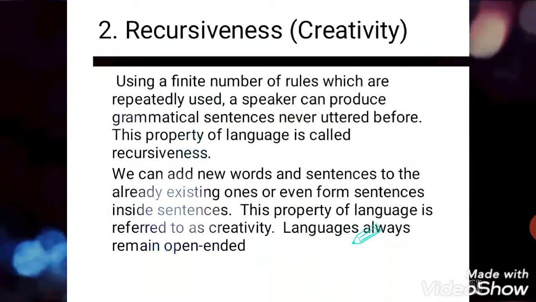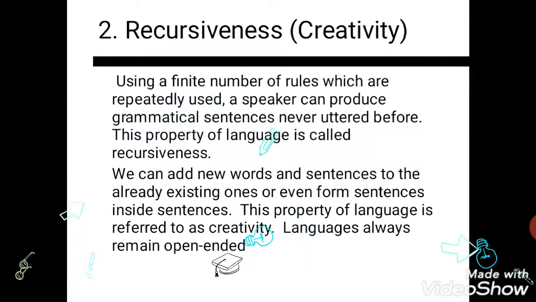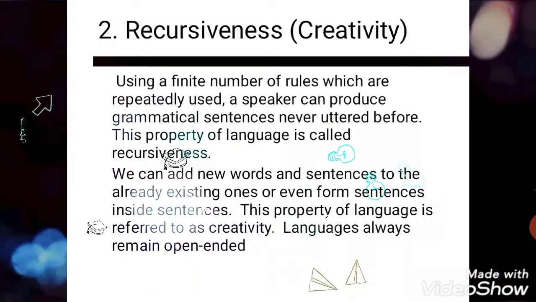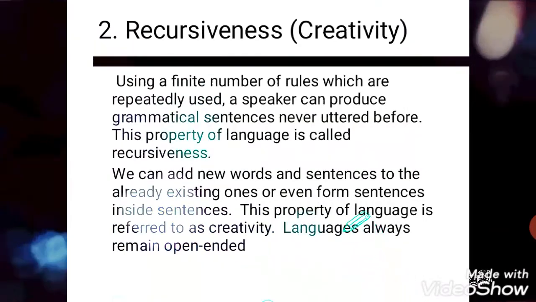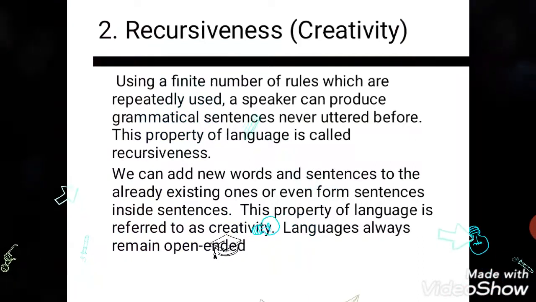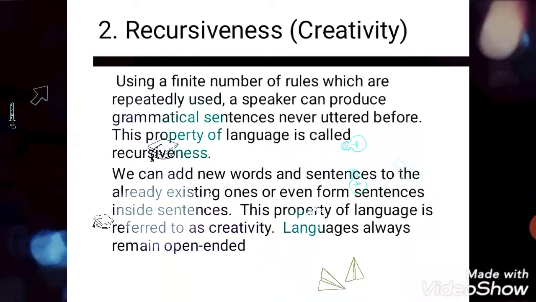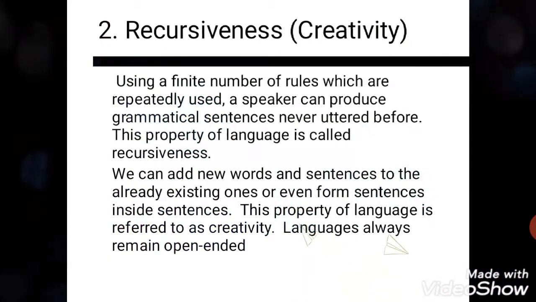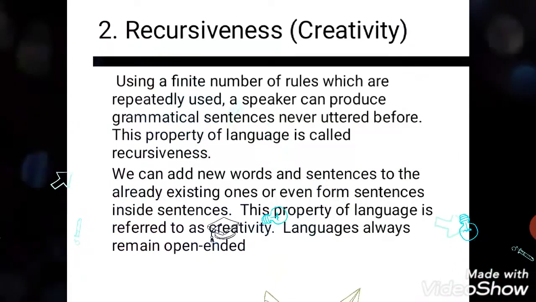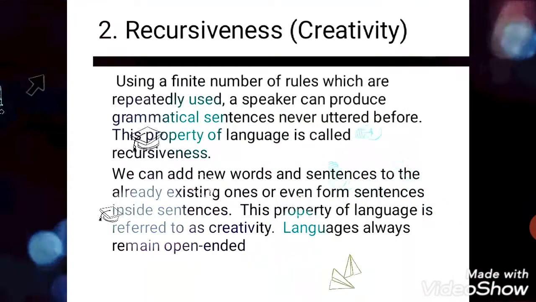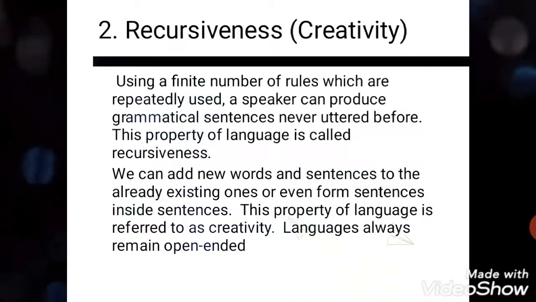We can add new words and sentences to the already existing ones, or even form sentences inside the sentences. This property of language is referred to as creativity, and languages always remain open-ended. The signals in human language can be combined in a variety of ways.